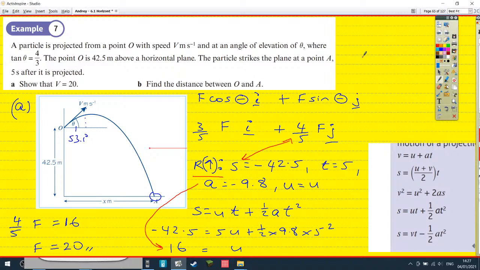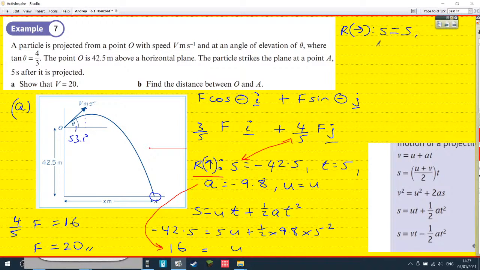Is that just we can just do like a displacement, can't we? Yeah, that's just resolve horizontally. We want S, and the three things we know would be time, acceleration would be 0. What would be U? Initial speed horizontally.